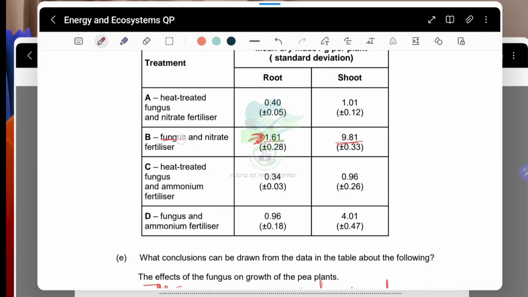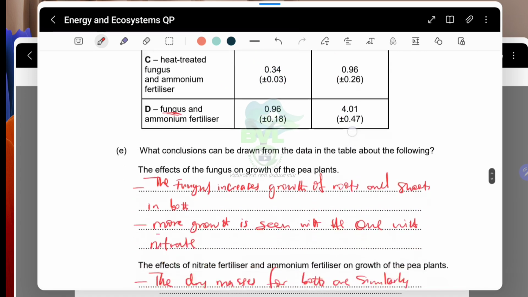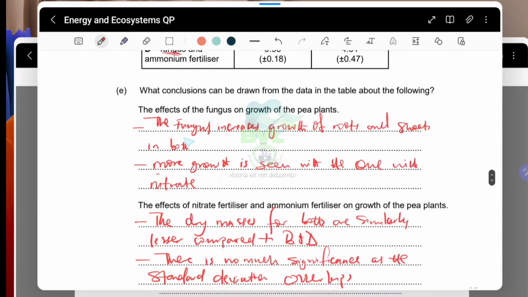The one that has fungus, which is this one and this one, you can see that it is high in the roots, high in the shoot, high in the roots, high in the shoot compared to the other ones. Number one. So that's what this first one was saying.